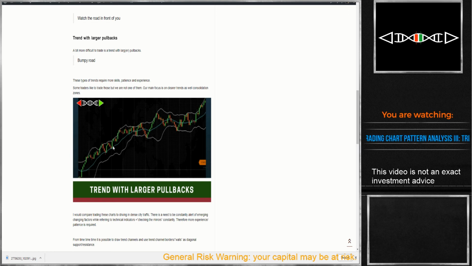So from this point you would enter here and maybe here, so that will be a 2-1 ratio, and then the trend breaks the pattern, and it breaks it here again, and then it breaks the pattern again. So it's a lot more complicated, it's more difficult to trade these trends, and it requires a high amount of experience.